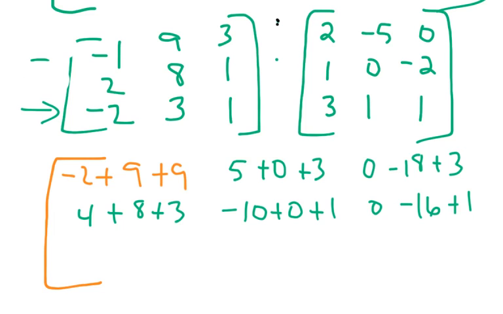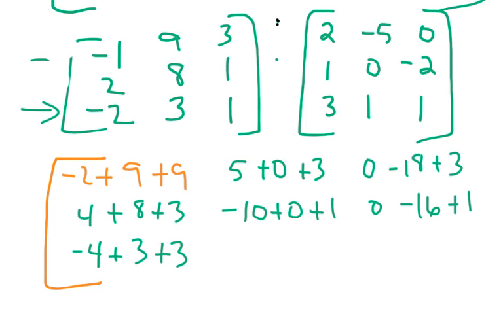So I have negative 2 times a 2 is negative 4. 3 times 1 is 3. And 1 times 3 is also 3. Moving on to our second column here.